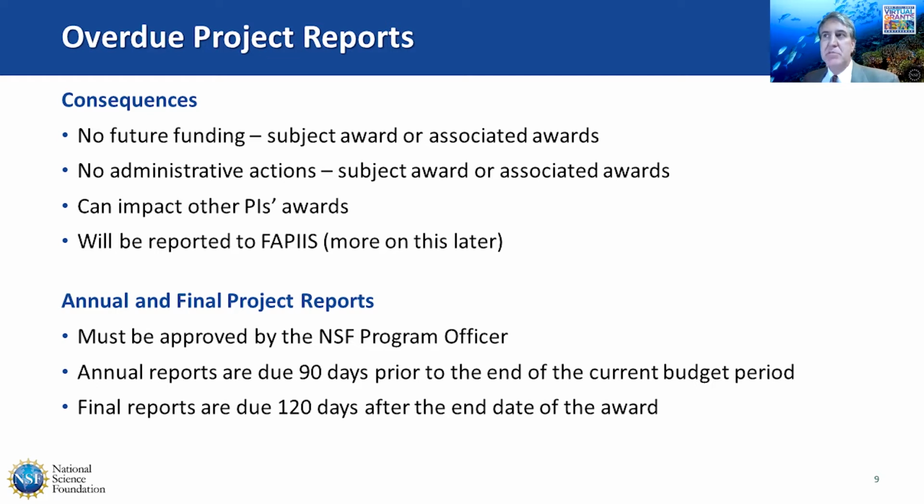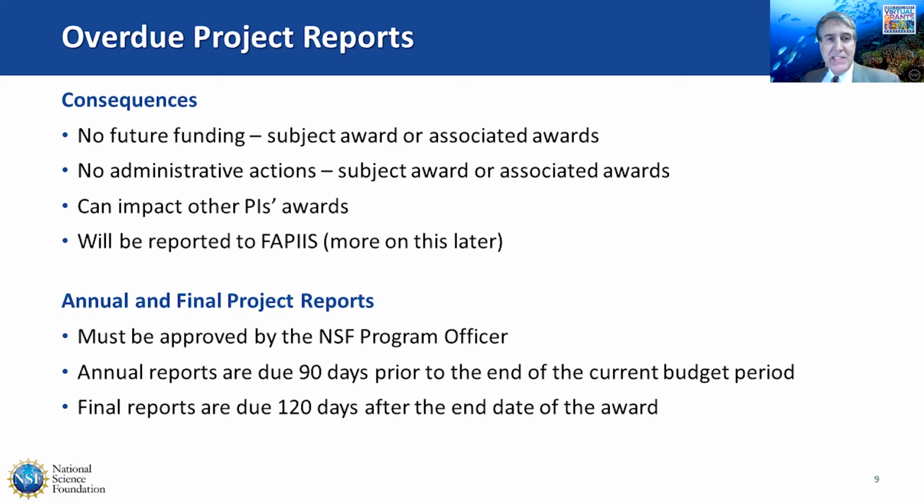It's not just submission. Annual project reports are currently due 90 days prior to the end of the budget period, and final project reports are due from the end date of the award through 120 days after the end date of the award. If it comes in on the 121st day, it would be considered overdue.